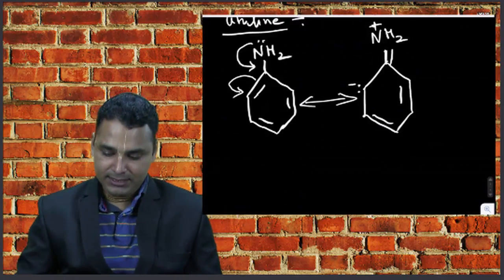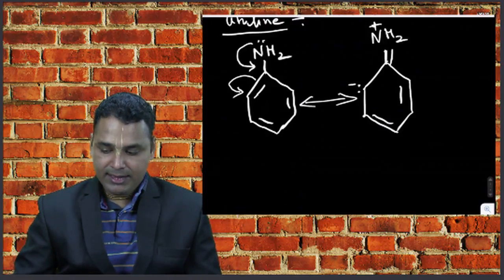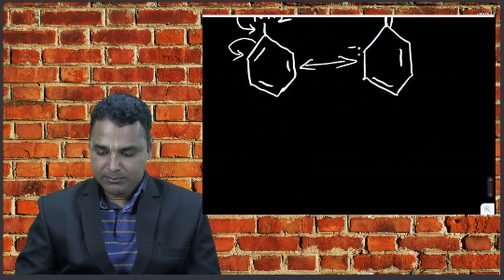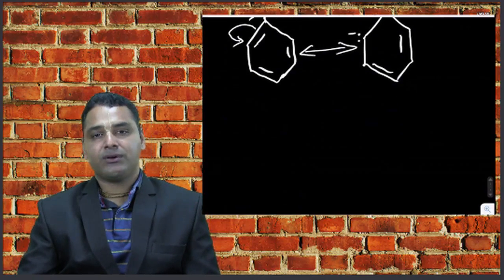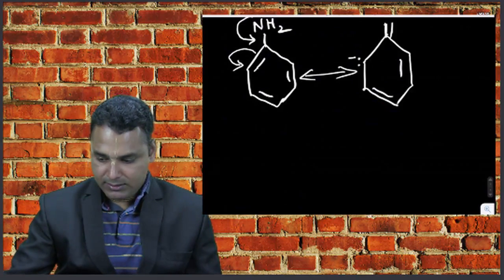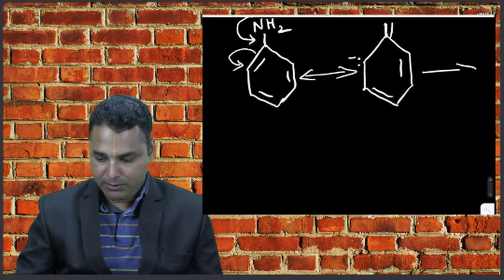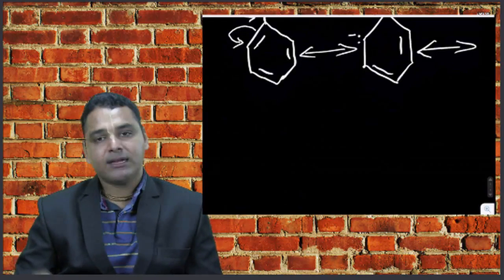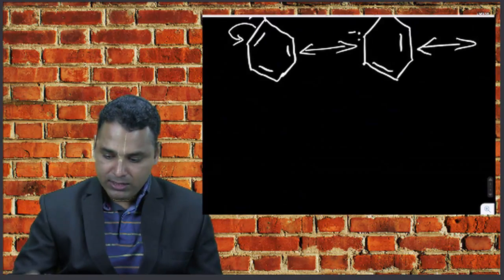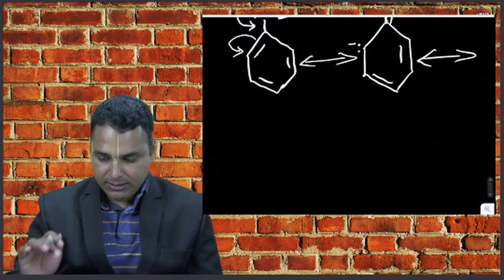Then we'll see another diagram. So I am drawing it below. This is the continuation of this thing. I am drawing it below, so don't think it's separate, it's the continuation. Now the electrons will shift further.